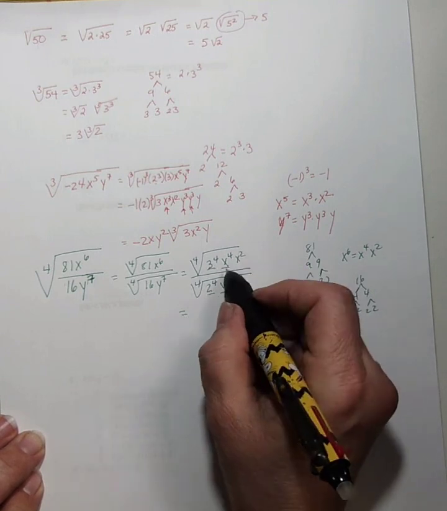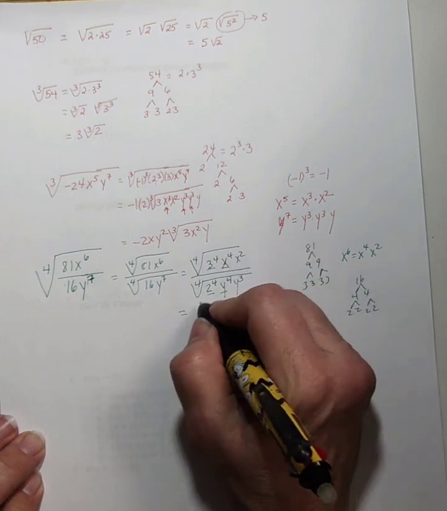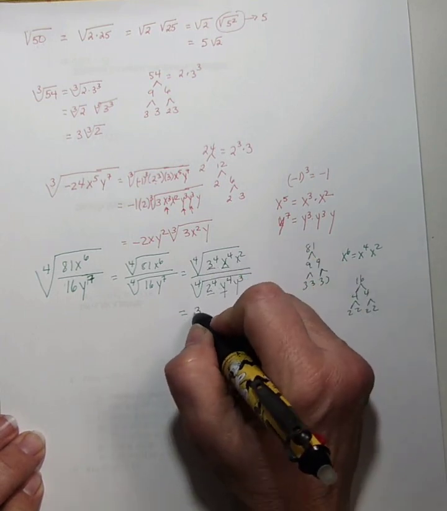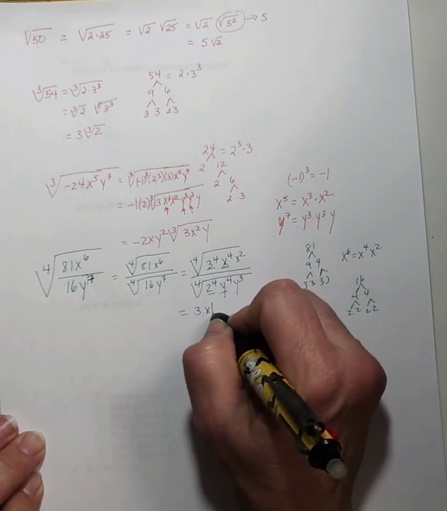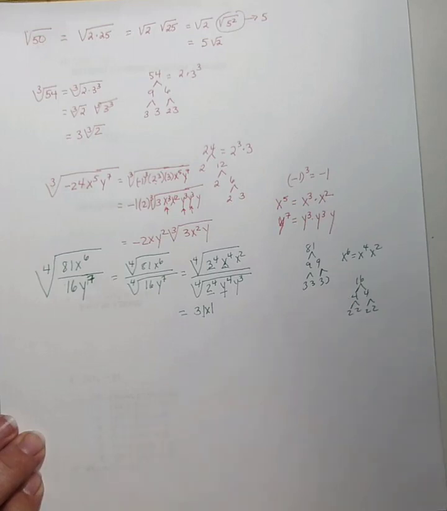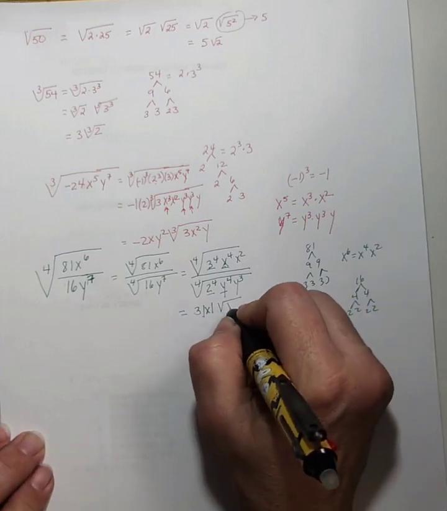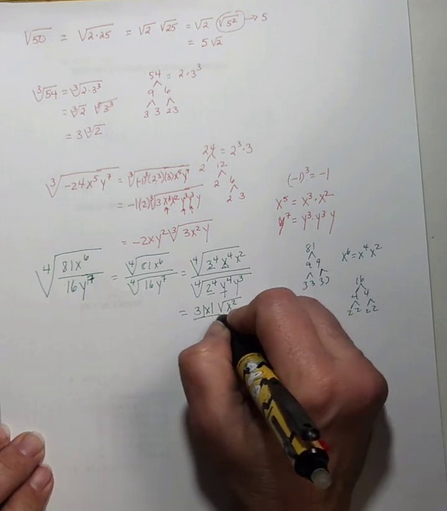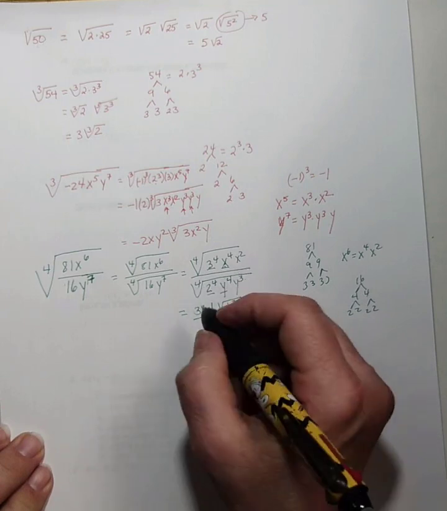But I have to be careful with my variable. So if it's x to the 4th, when we do this, the 3 comes out, that base comes out, then the x comes out, but I need to put that in absolute values because we have an even root. And what remains under the radical is x squared. We do the same thing here. 2 is going to come out and one of my y's.